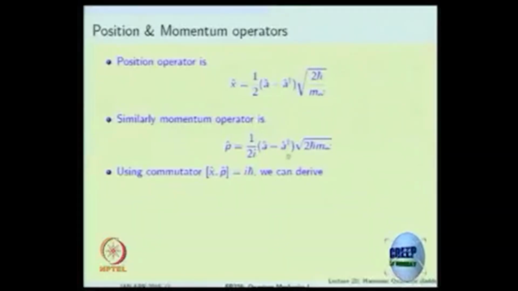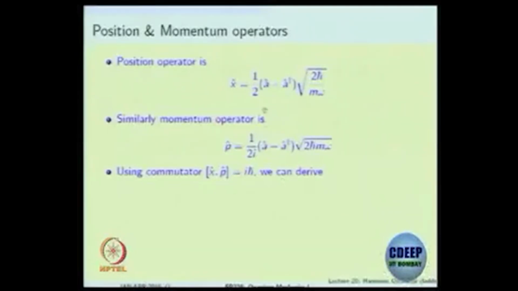Using this, can we get what is the commutator between A and A dagger? Okay, so take the commutator of X and P, substitute on the left hand side, do the right hand side, and see whether we get a commutator of A with A dagger.